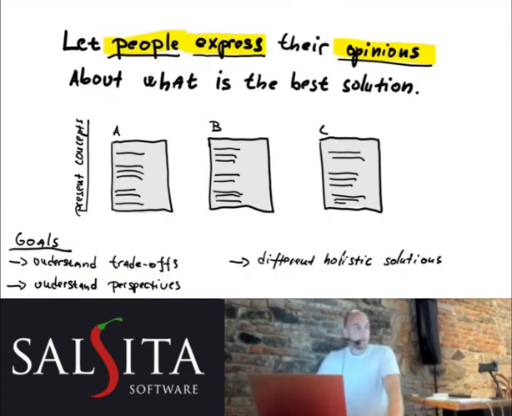So in the design sprint, the next step is that each individual participating in the discussion comes up with their own solution on their own without any discussion.